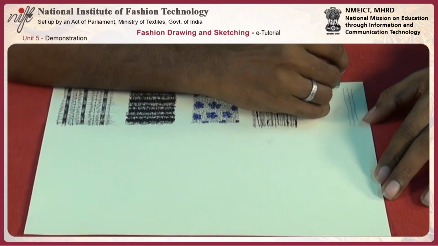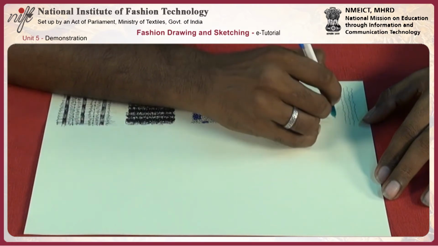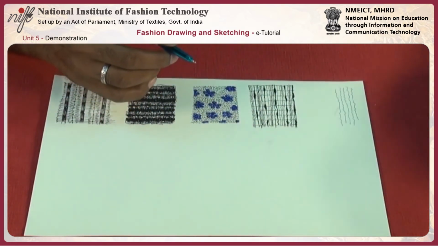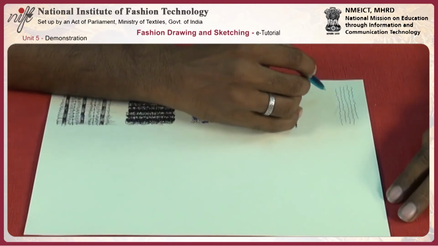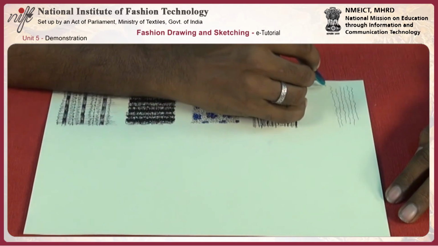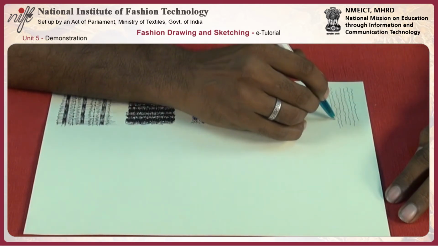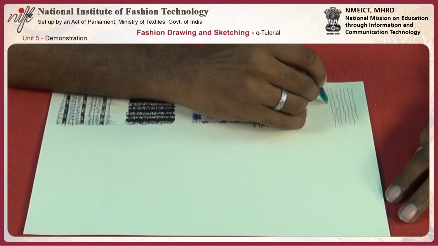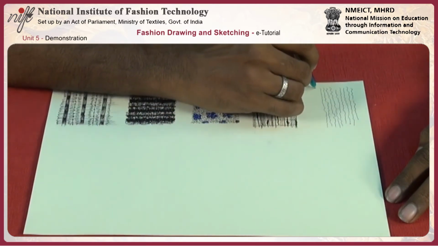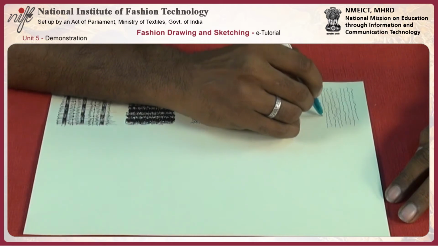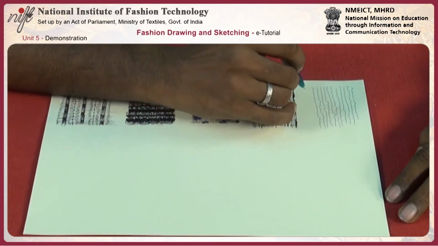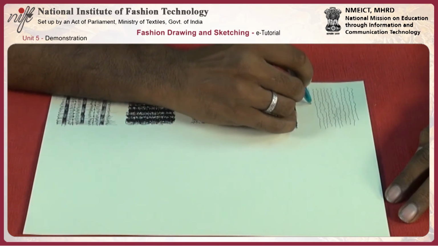Here I am going to show you how I am going to use blue ball pen to create a background pattern or texture on which I am going to apply black workmanship to create an interesting rendering.